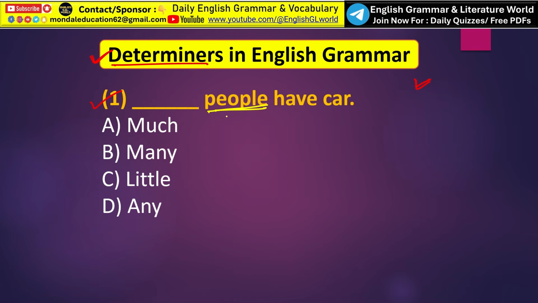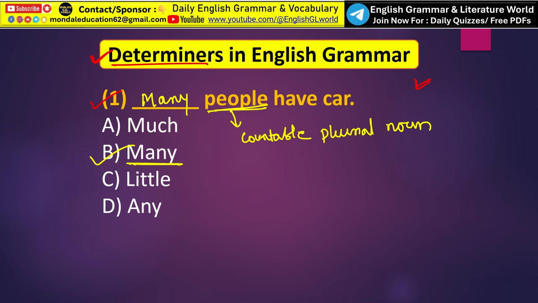People is a countable plural noun. Before a countable plural noun we have to add many. So many people have car. The correct answer is option B, that is many. So many is the correct determiner.